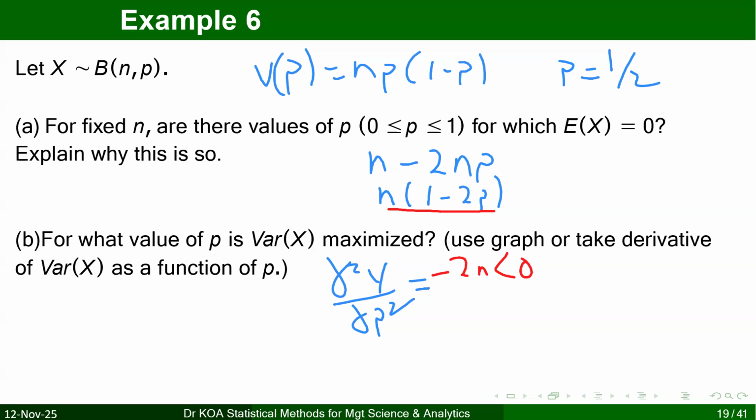So we can now say that since this is negative, because we know N is not going to be negative, N is going to be positive, the whole thing, minus 2N, is going to be negative. Then it means that we have been able to maximize the parabola. And therefore, the variance attains the maximum at P equals half.